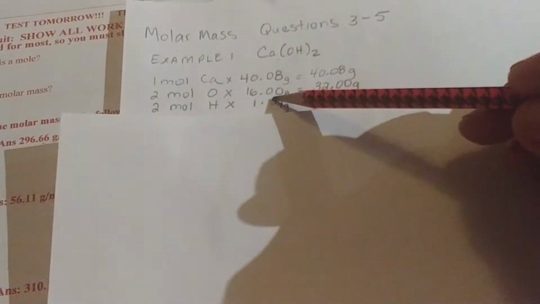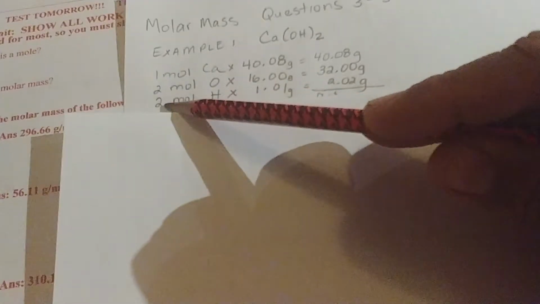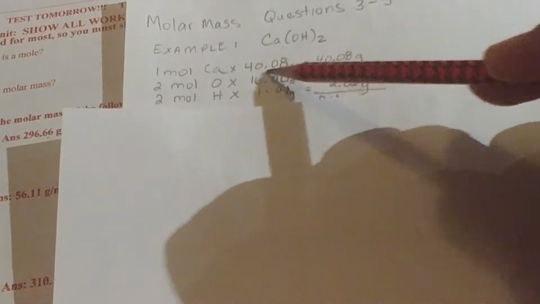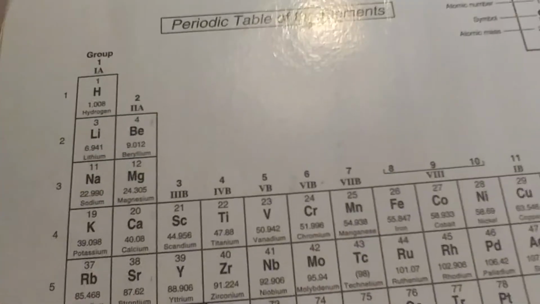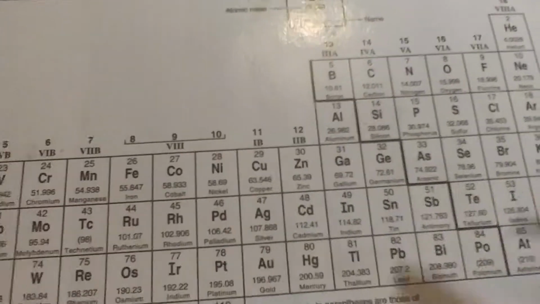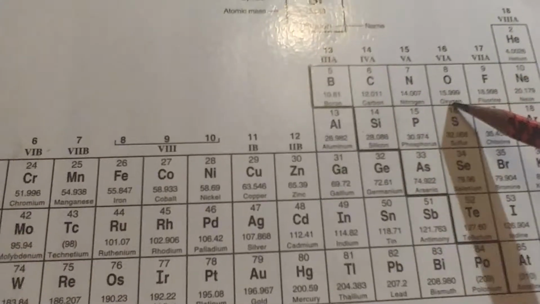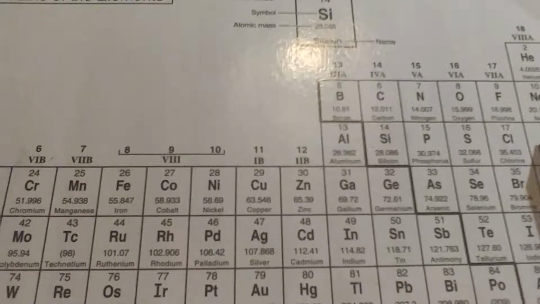Okay. Once you have that, you're going to multiply every single mole for that element by the atomic mass in the periodic table. So just to show you, calcium, if we look it up, it's 40.08. Oxygen, you're going to find it's 15.999, which I went ahead and rounded to 16. And then hydrogen is 1.008, which I can also easily round to 1.01.